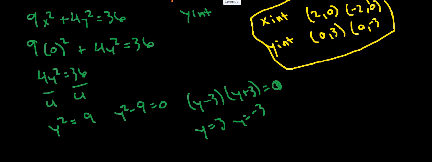And I have one more that I want to do that is a little bit trickier because of the algebra that's involved. And that one is y is equal to x squared minus 4 over 2x. So let's solve for the y-intercepts first, because that'll be very quick.